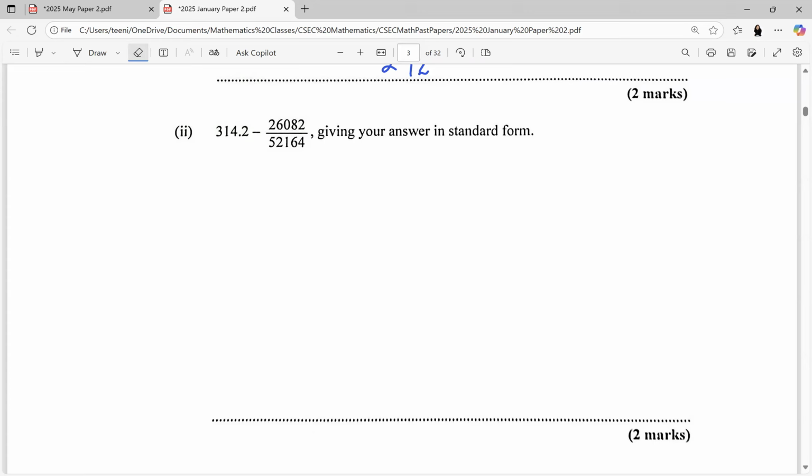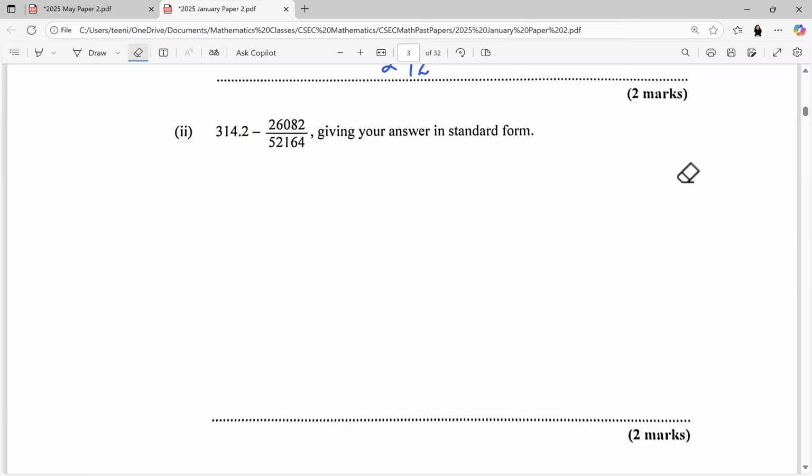All right, Faith, what did you get? I'm not finished yet. Okay. Don't give the answer in standard format, just give me the answer to the question, 314.2 minus 26082 over 52164.